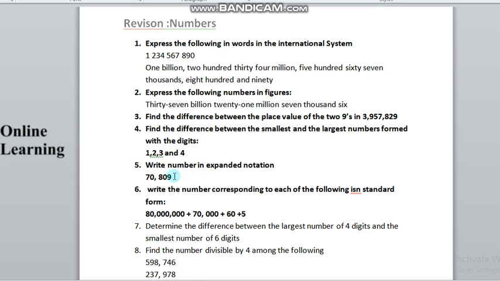Next question is about writing a number in expanded form. Basically in expanded form we write each digit with its value. That means we have 70,809.